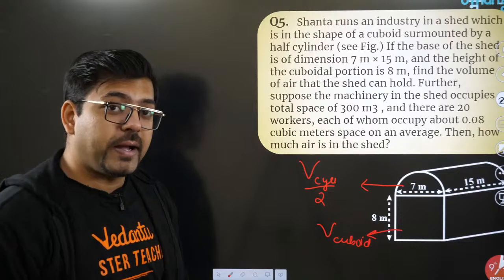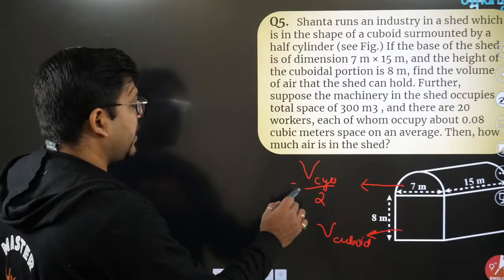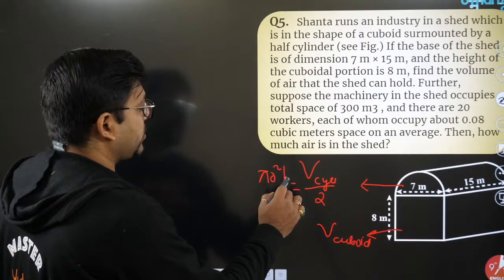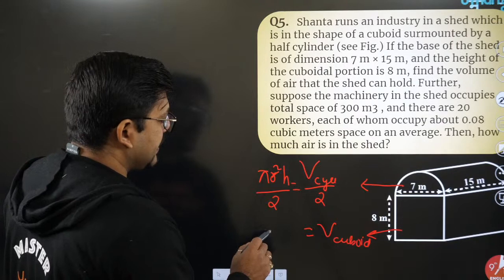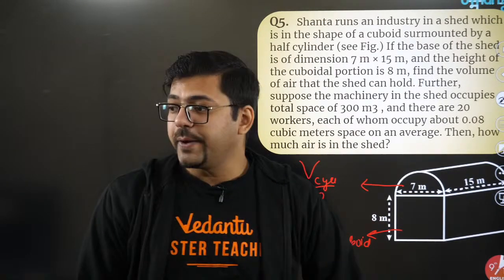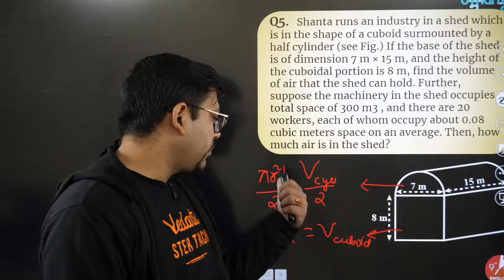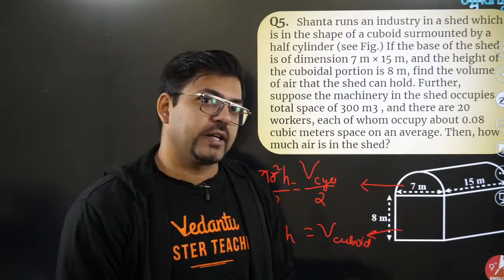Volume of cylinder divided by 2, everyone knows this is pi r square h divided by 2, and volume of cuboid is L into B into H. So we have got two formulas. Now you have to just simply multiply them, put the values and get the answer.